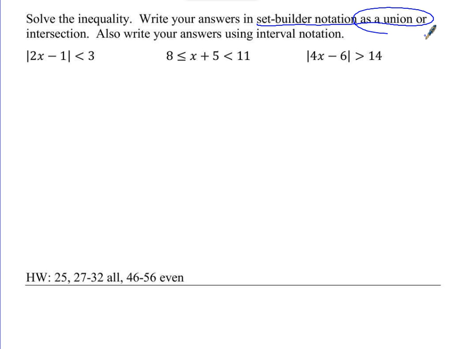So we remember in the beginning when I taught you what union and intersection were, I told you that union acts like a marriage. What word though? And or. Union acts like or, and intersection acts like and. So we are going to use these symbols now instead of writing the words and or.